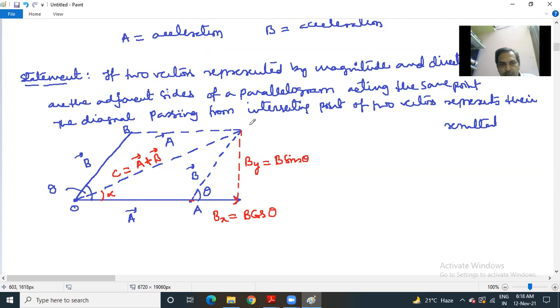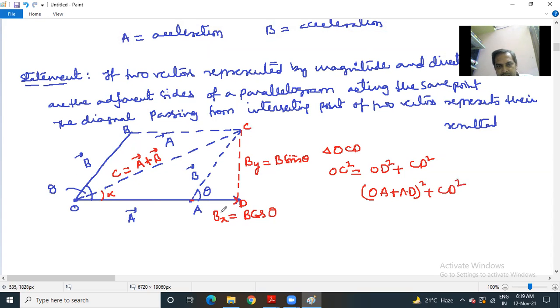So take O, C, D. In triangle OCD, using Pythagoras, OC square equals OD square plus CD square. So OD can be OA plus AD, whole square, plus CD square.